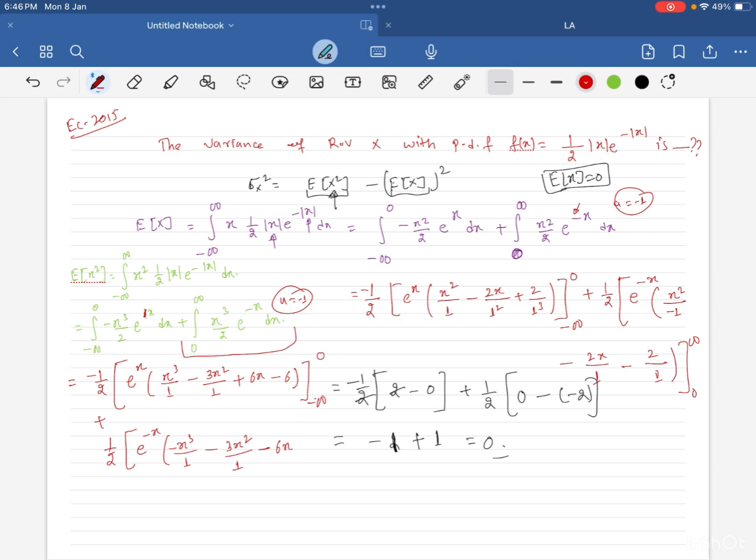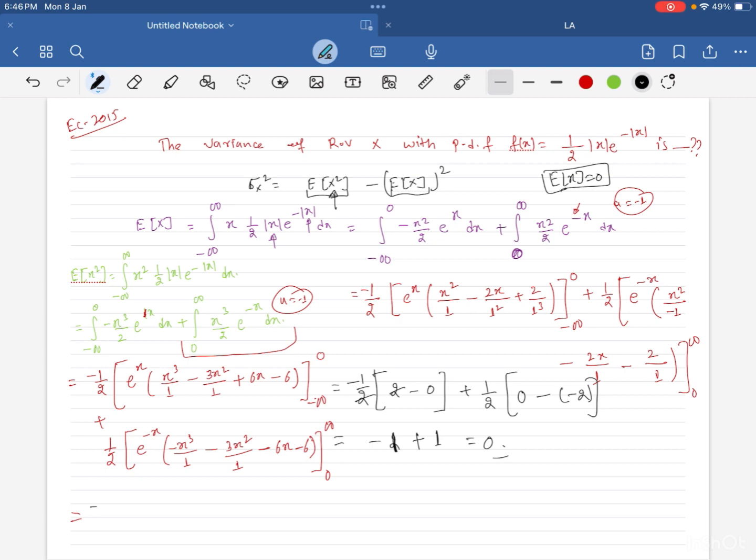Now a to the power 4, so that time we are going to get minus 6, and the limit will be from 0 to infinity.